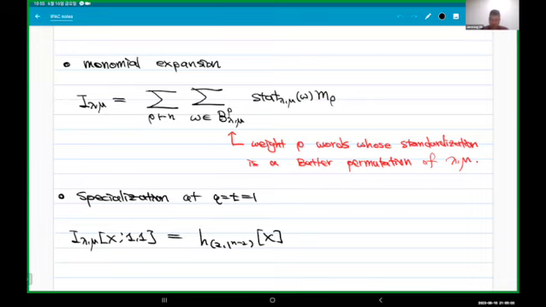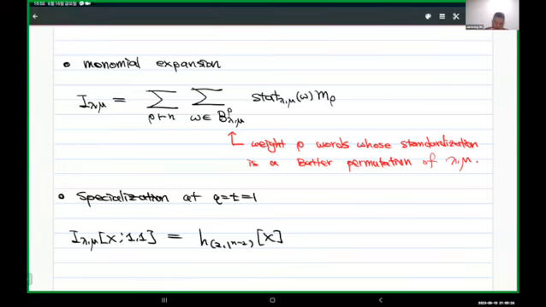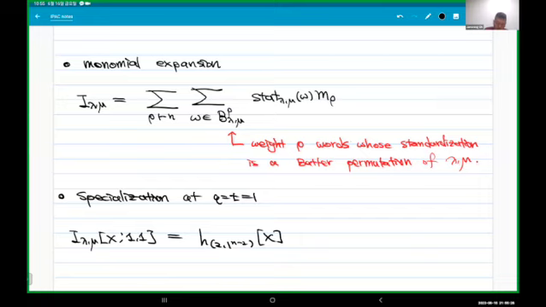So we define b lambda mu rho, which is the set of weight rho words whose standardization is a Butler permutation. And we can write the monomial expansion as a generating function over those Butler words.